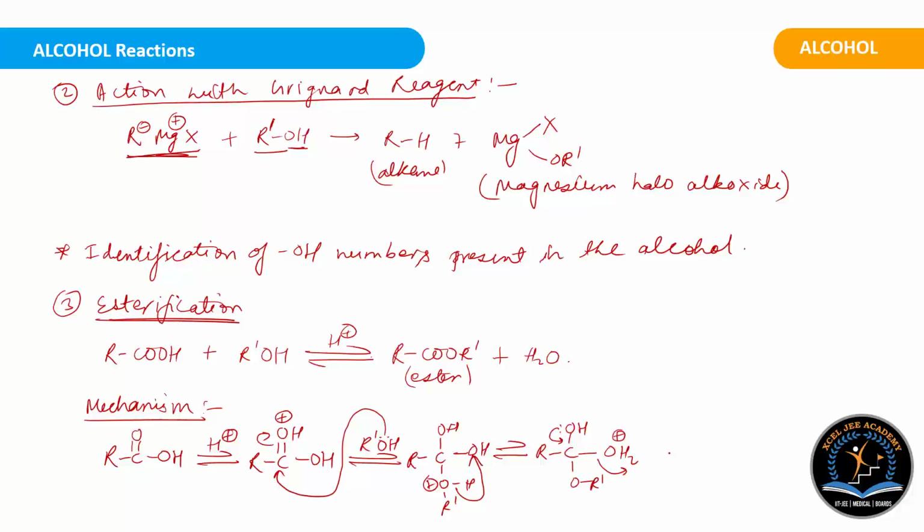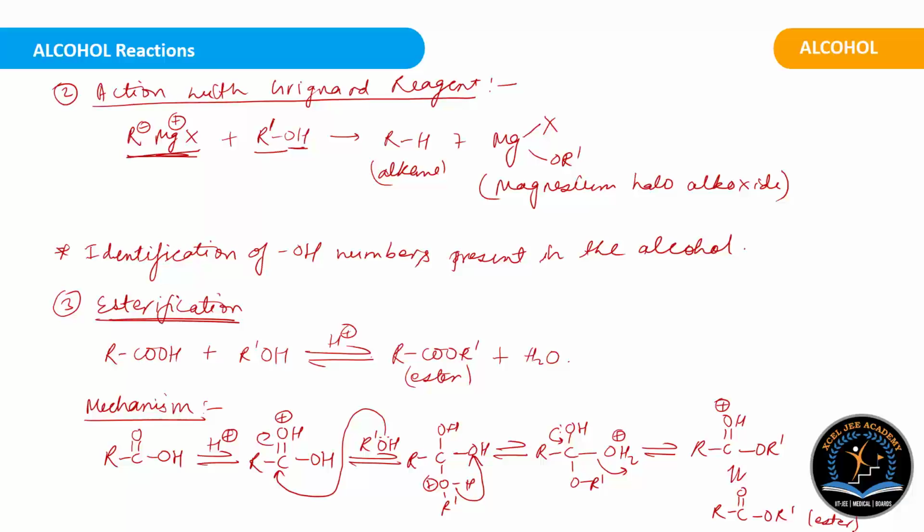So in the next step we will have R-C double bond OH with a positive charge and with that OR'. Now there is a hydrogen which can be removed. So removal of this proton will lead to the formation of R-C double bond O, OR' group, which is basically an ester.